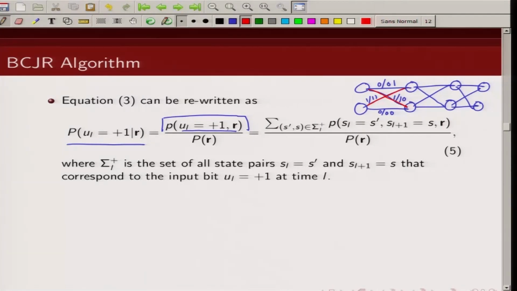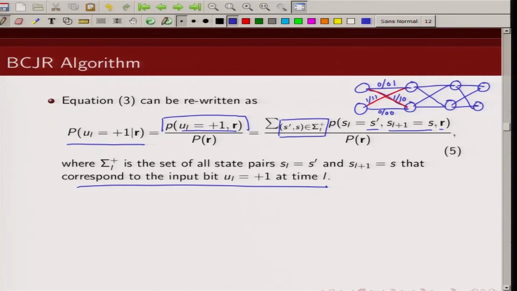So, what I am writing here is the joint probability that the previous state is S prime, the next state is S, and the received sequence is R, and I am summing over all those state transitions that belong to the set where the input corresponding to the transition is +1.